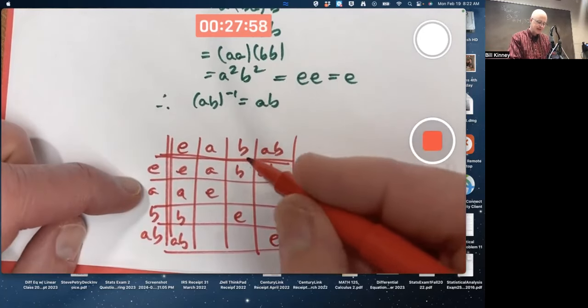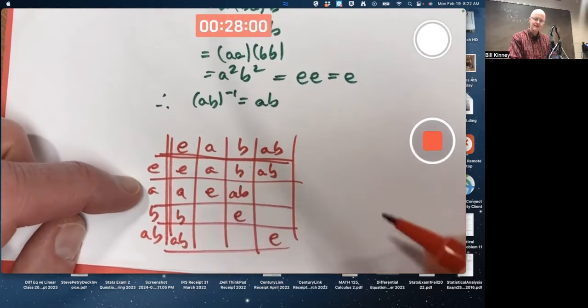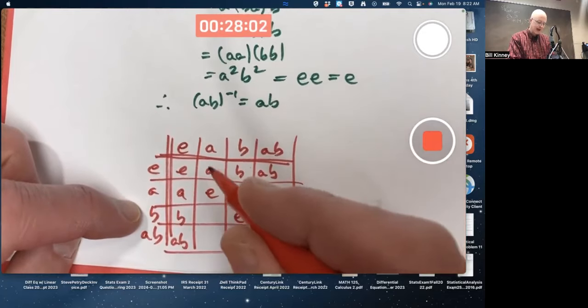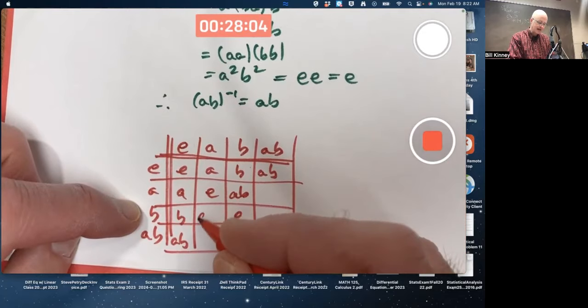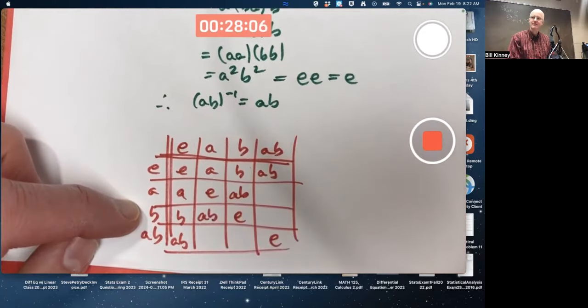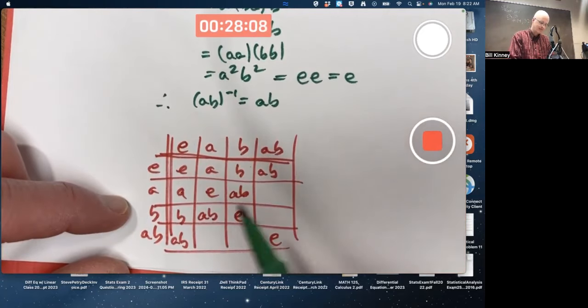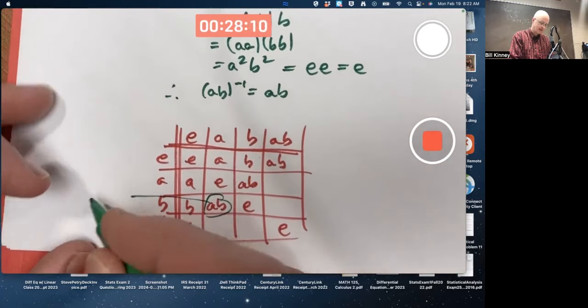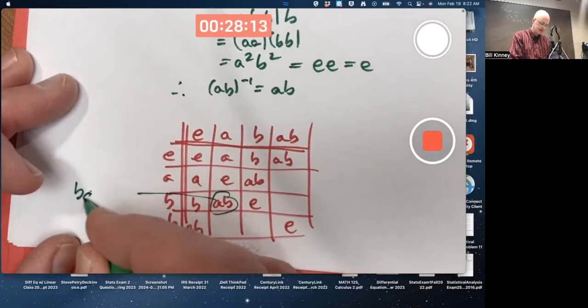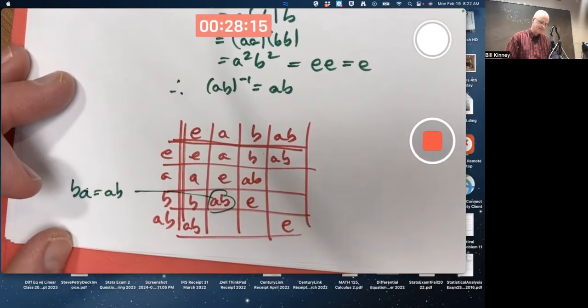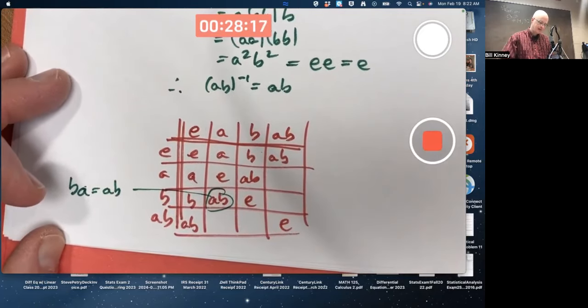We know A times B is A times B. We know B times A is also A times B because A and B commute. BA equals AB. What about everything else here?